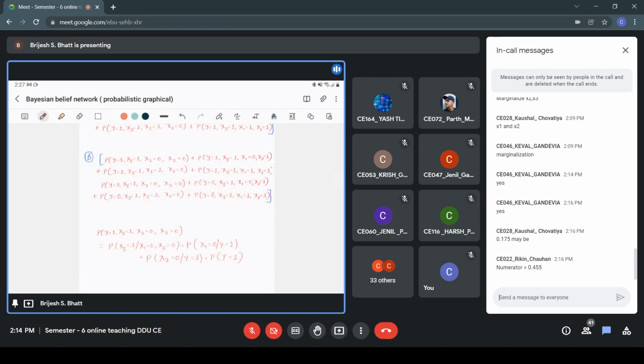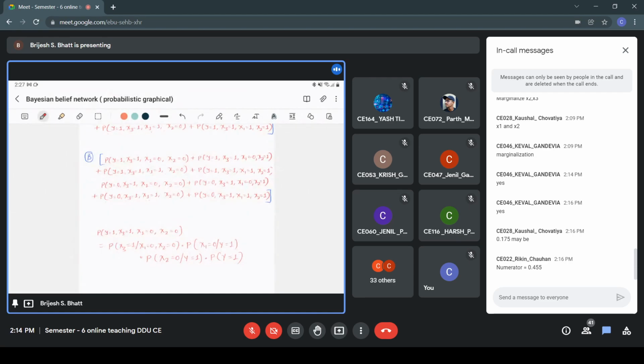Okay, Kaushal says 0.175, but with a maybe. So why is it a maybe, Kaushal? Earlier also your answer was a maybe. If you do the exact calculation, then it will still be 0.175. But anyway, let's wait for this.